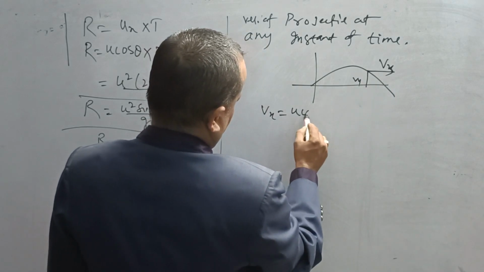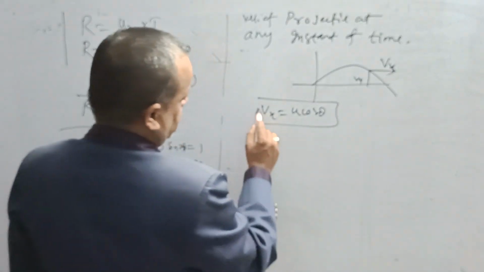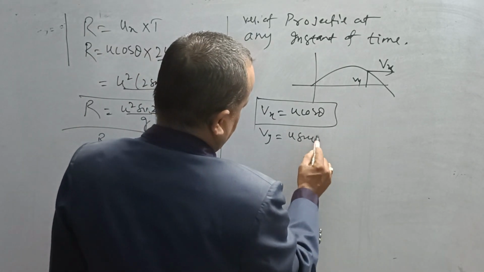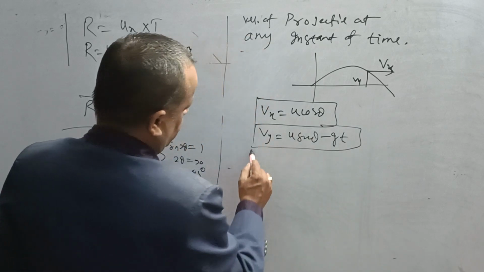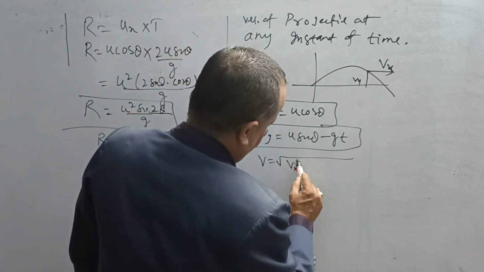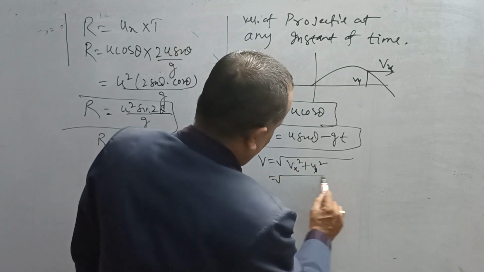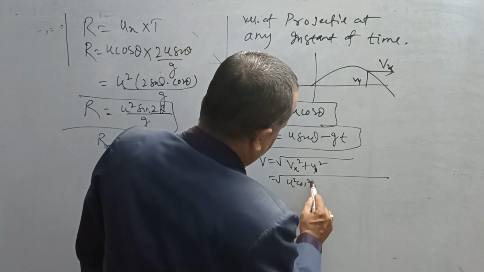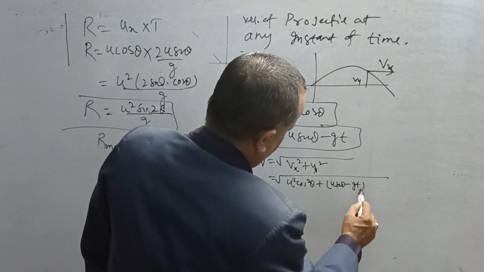It is u cos theta, and we don't have any acceleration along it. Along y, Vy is what? We have u sin theta, acceleration along the y-axis is gt. So the resultant velocity will be equivalent to what? Square root of Vx square plus Vy square. So it will come out to be the square root of u square cos square theta plus u sin theta minus gt whole square.